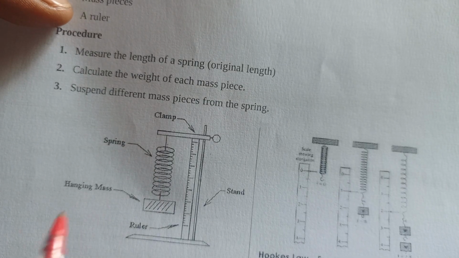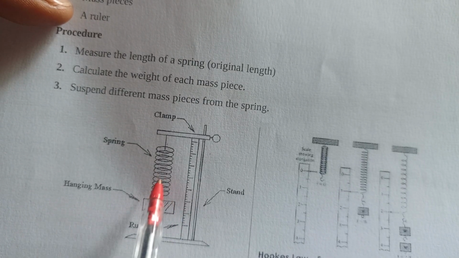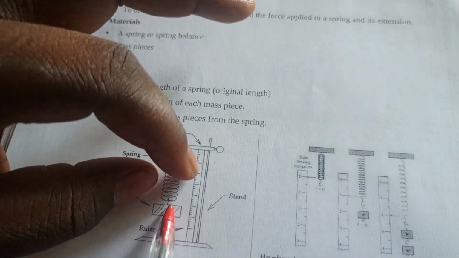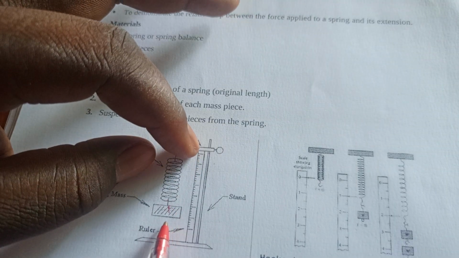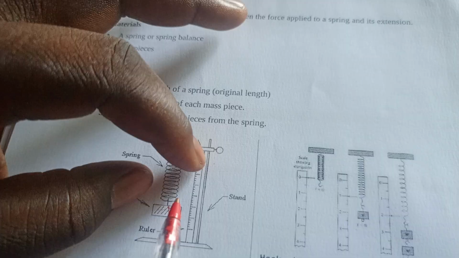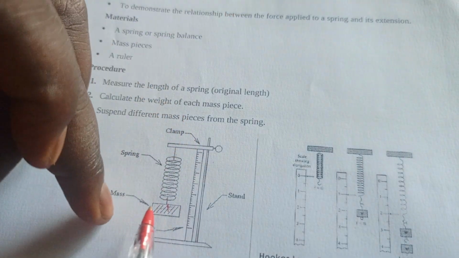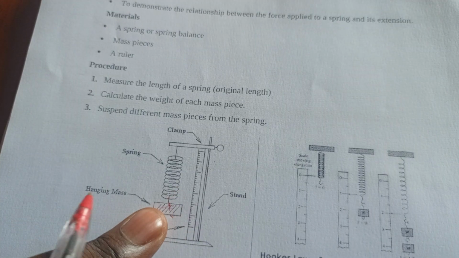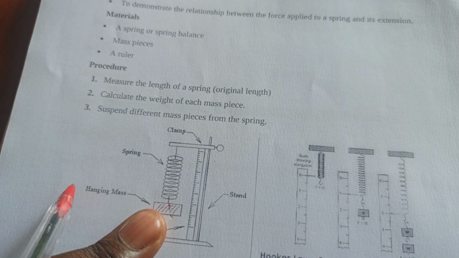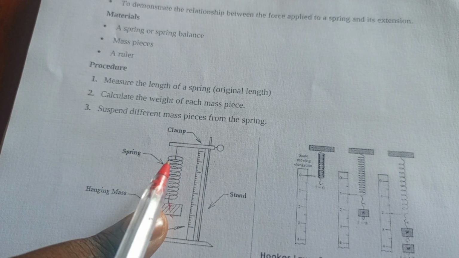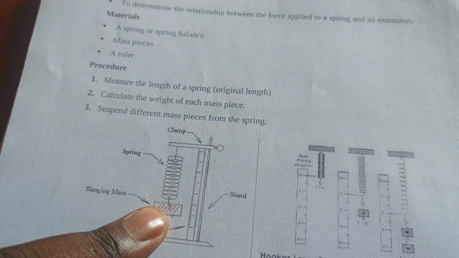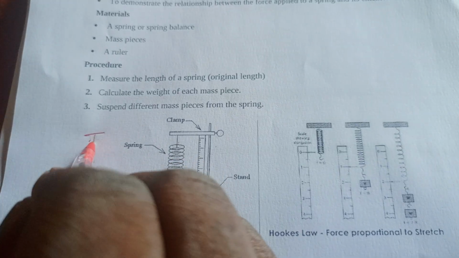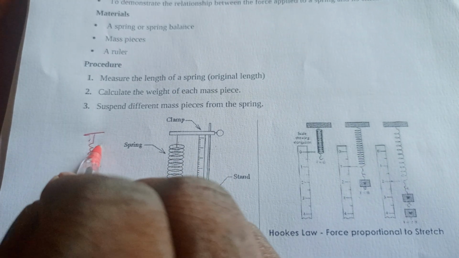That is the original length. Then you get the first mass and place it here, which means the spring is going to extend. Then you record it. If you want to know the extension, you subtract the original length of the spring from the length of the spring when the mass was placed. For example, before putting anything, the spring was maybe at 2 centimeters.